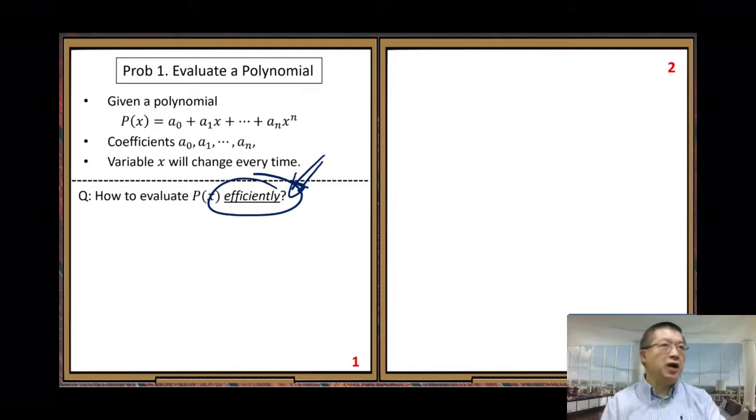That is the main challenge. You may have many different ways to do it, but we want to find the fastest way to solve this problem. All right, so let's look at the solution, do some analysis for the solution.